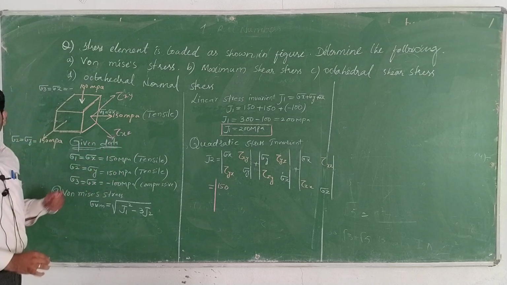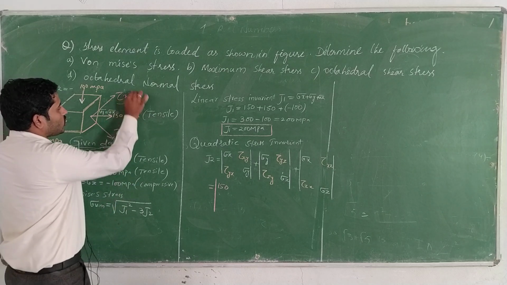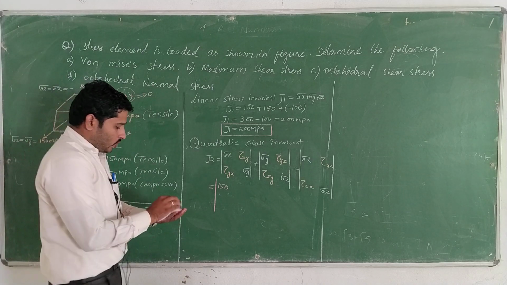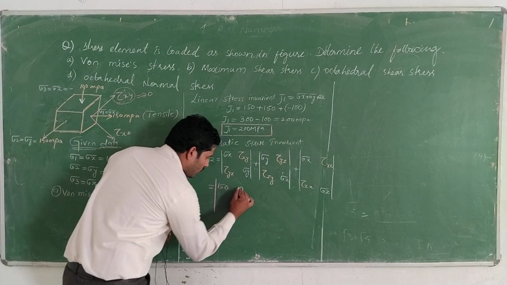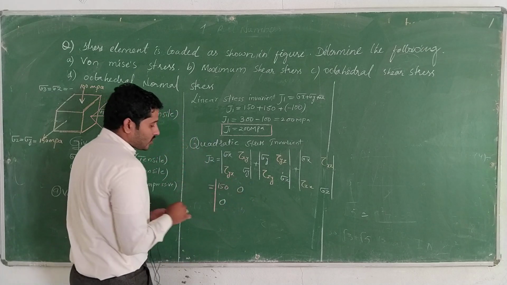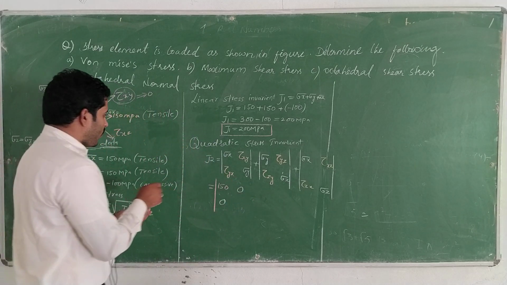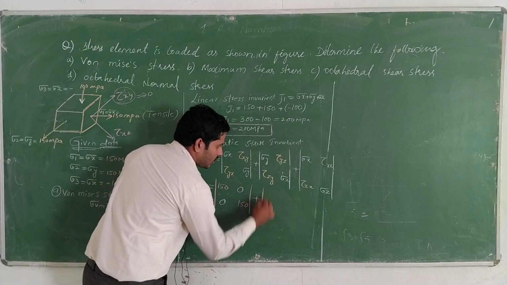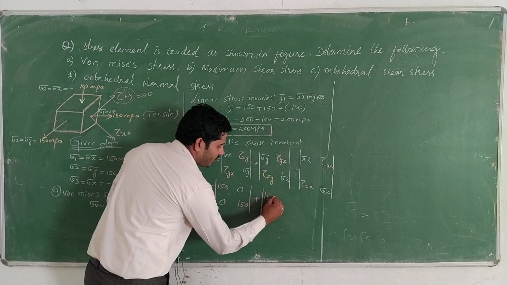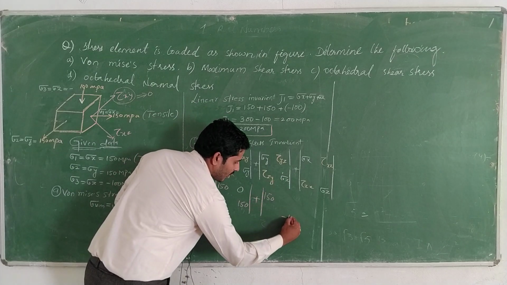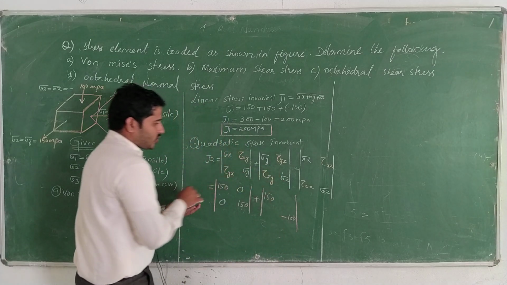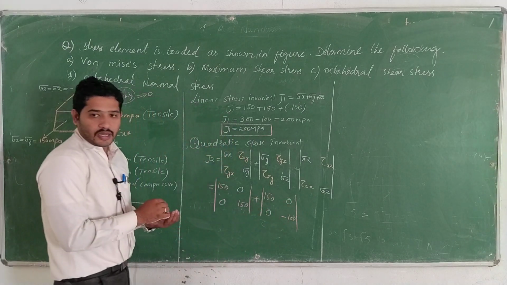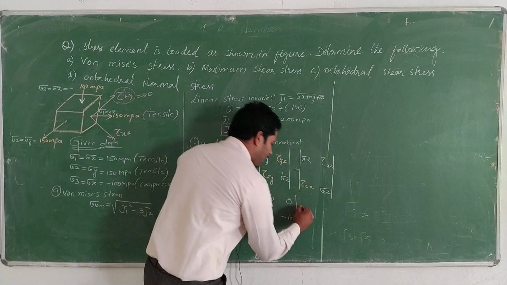No shear stress is acting, so we consider it as 0. What about sigma y? Sigma y is again 150, sigma z is minus 100, and the shear stress values are 0, 0.